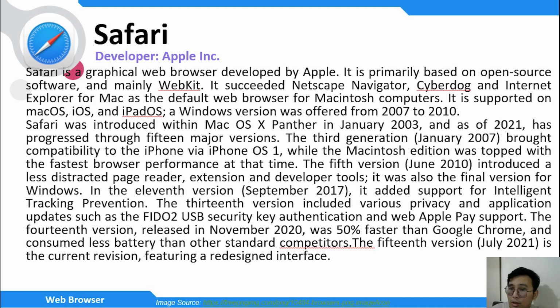and also Mozilla Firefox and the other browsers that were popular in that era. And in 2020, the 14th version was released, and it was said to be 50% faster than Google Chrome and consume less battery than other standard competitors.